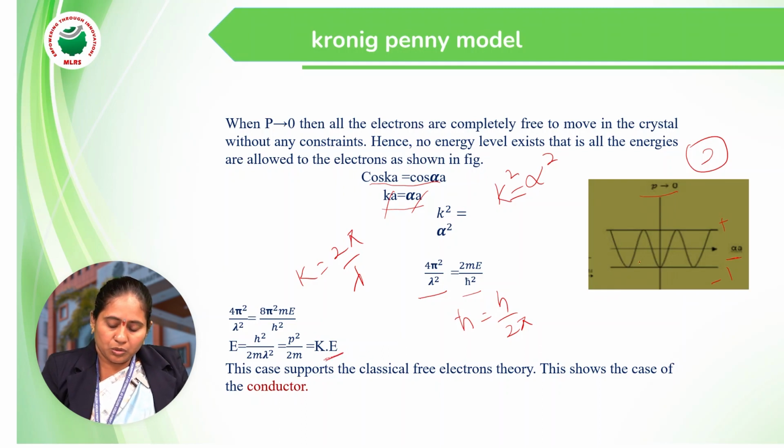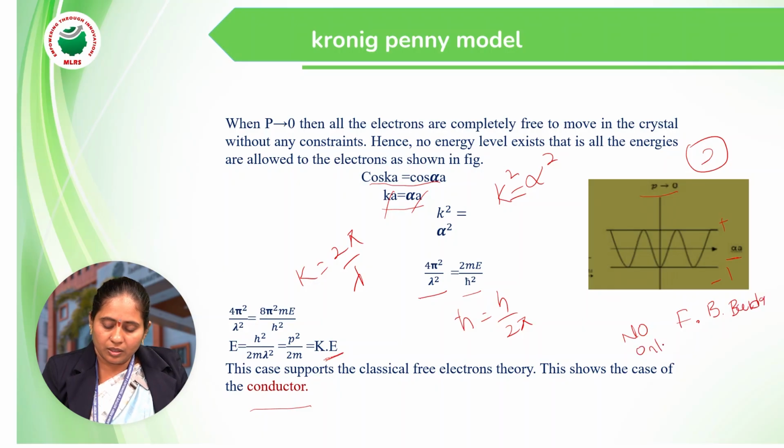Means there is no restriction on the movement of the electron, which moves freely inside the solid. It is the case of a conductor. Means there are no forbidden bands.